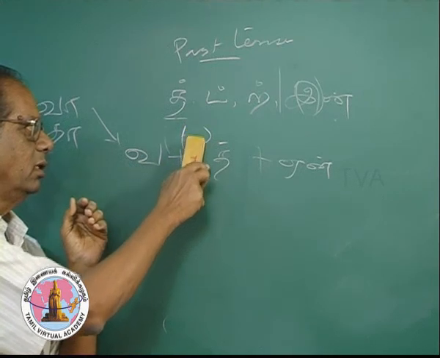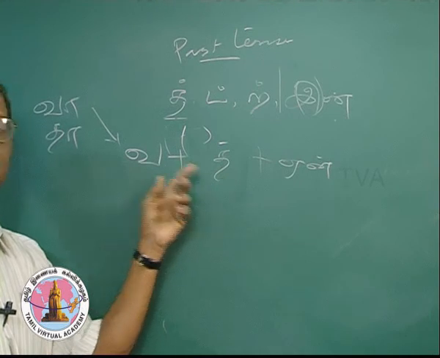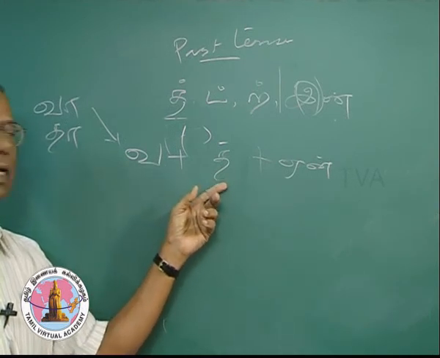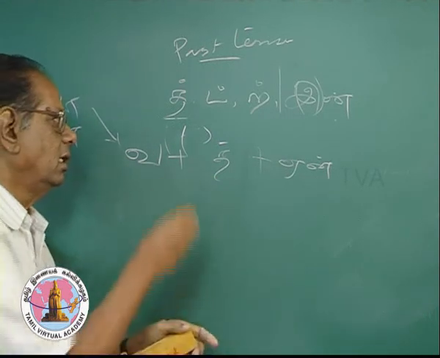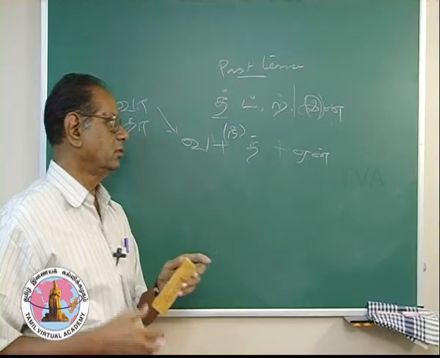So instead of this த் getting doubled, its relative term, the nasal form of this த், that is ந், is introduced.